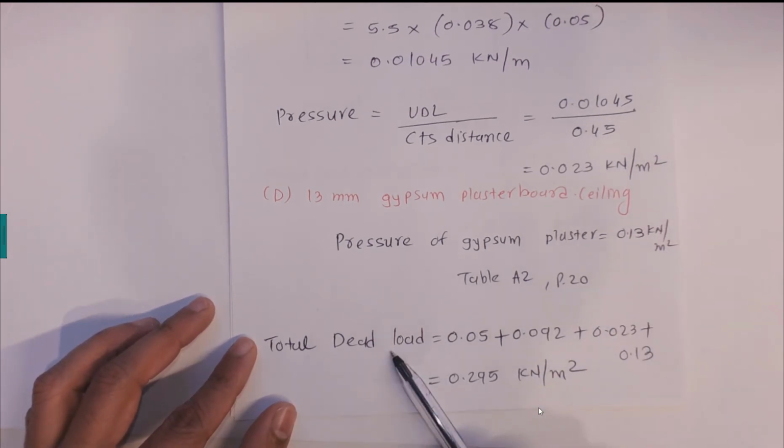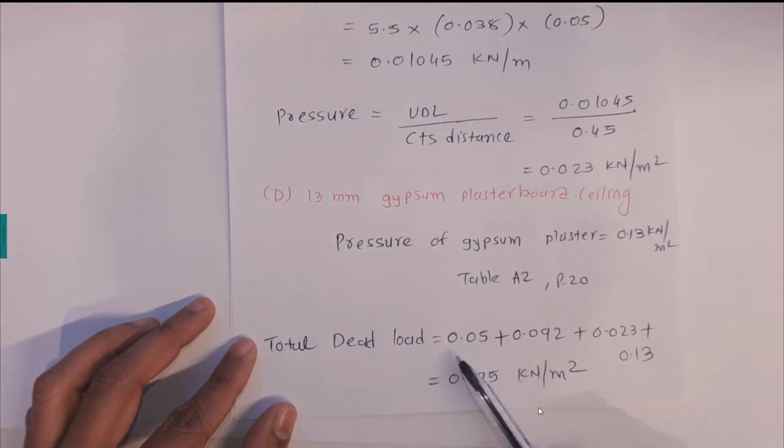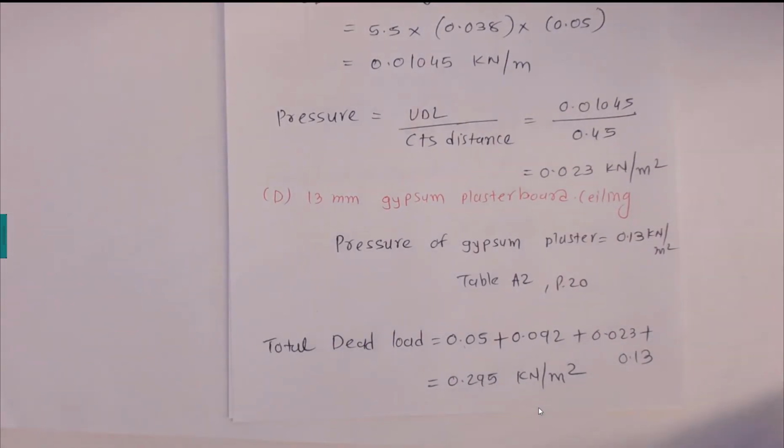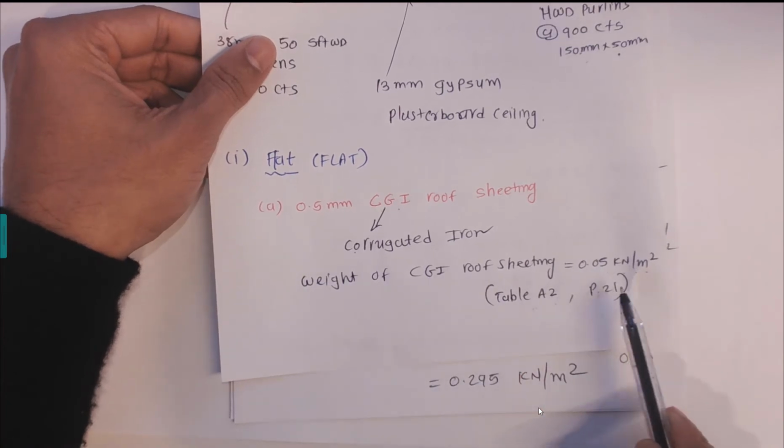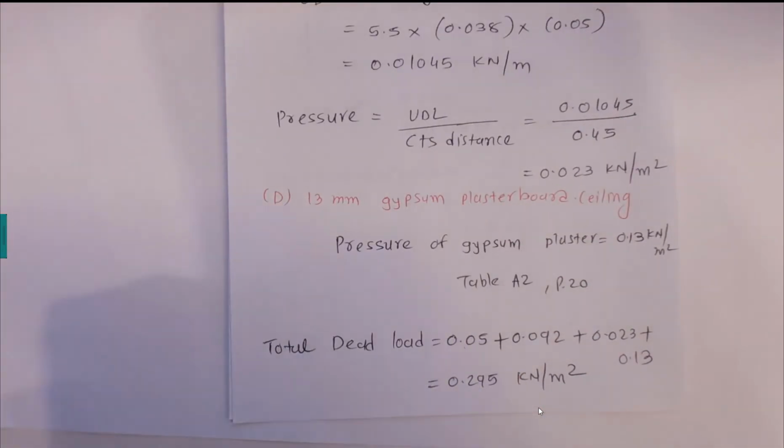Now the total dead load due to these 4 layers: we first take 0.05 kilonewton per meter square, which we calculated for the first layer, that is here.